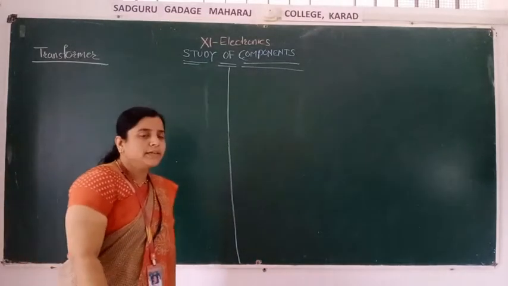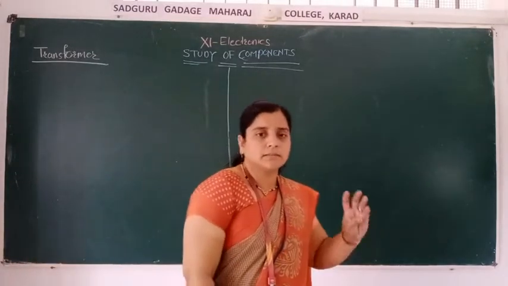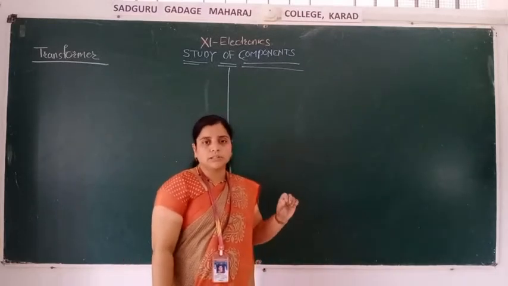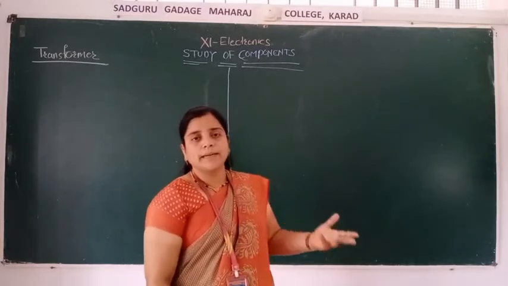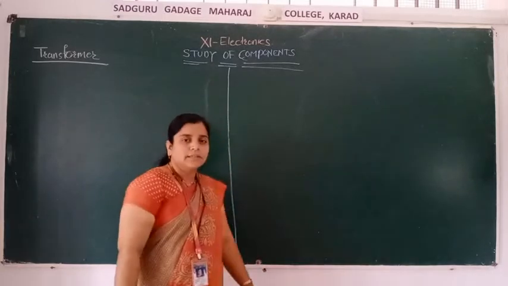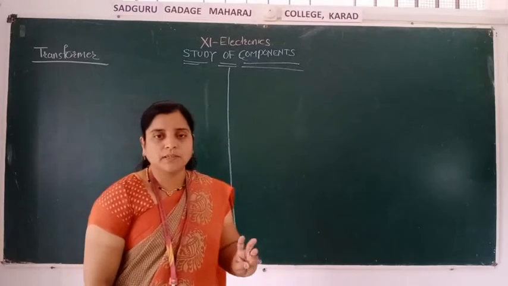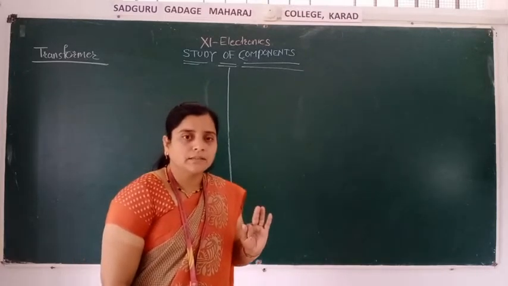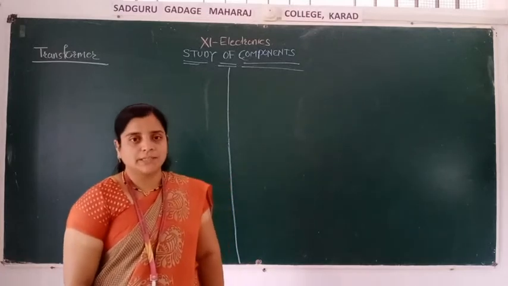We have seen in the introduction lecture resistor, capacitor, inductor, diodes, transformers. How many types of transformer are there? If you know, there are three types of transformer: step up transformer, step down transformer, and mutual transformer.